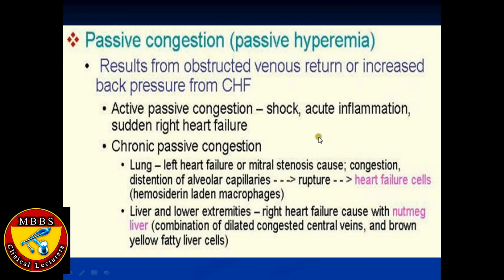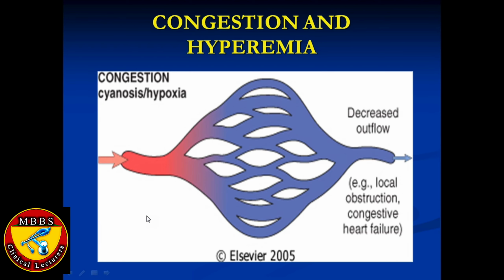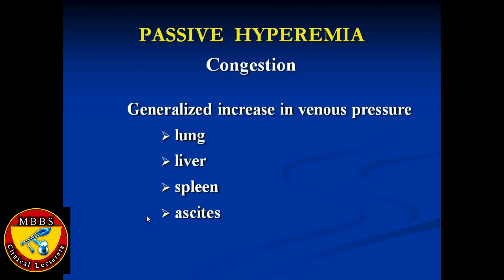This may be seen in cases where there is obstruction to the outflow of blood, which is more commonly seen at two places, the lung and the liver. We will consider the examples.